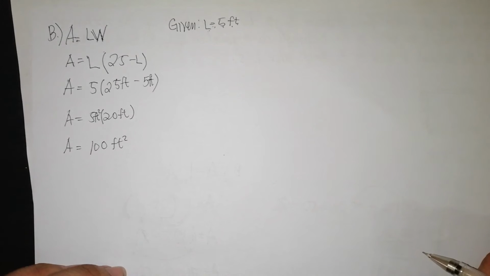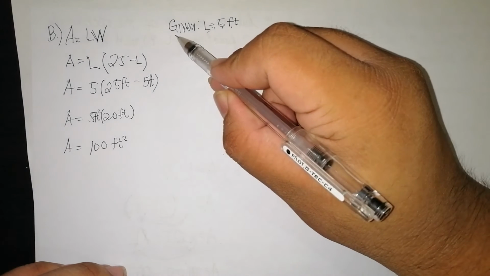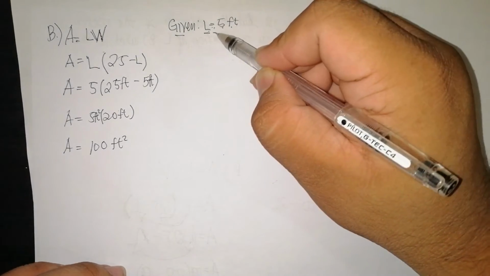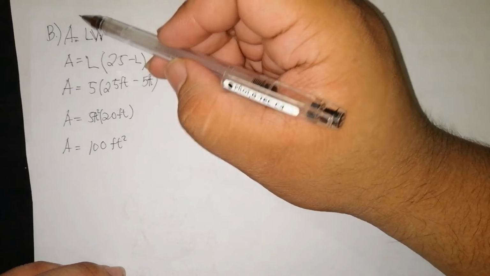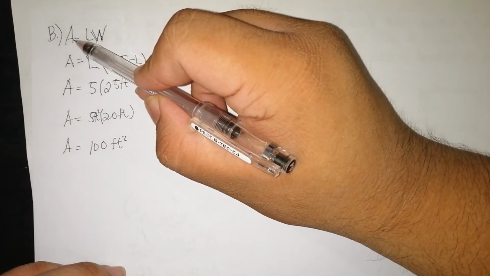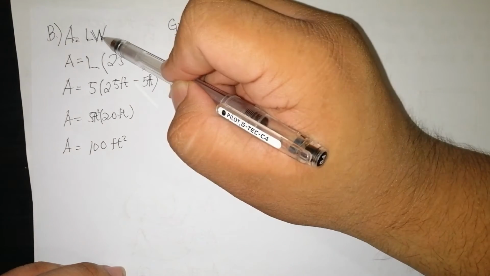For my question letter B, we have the given, which is L equal to 5 feet. We all know that to find the area, we need to multiply the length by the width.